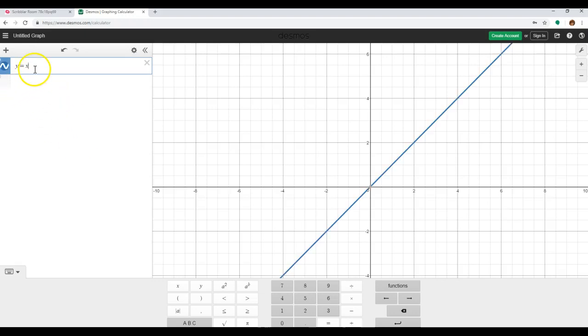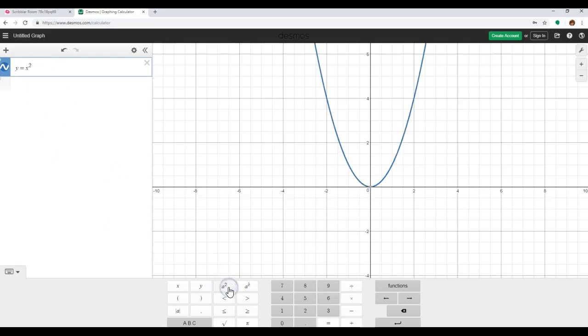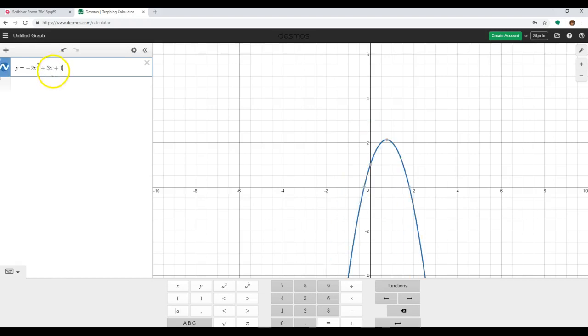You could use your keyboard to get squared, but it's easier to just click on this squared button. So x squared, oh, I made a mistake. I should have put negative 2x squared. I have this written on a separate sheet of paper because it's hard to flip back and forth. So negative 2x squared plus 3x plus 1. That's our first equation, our first function.